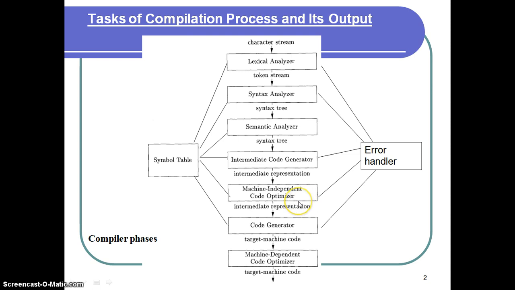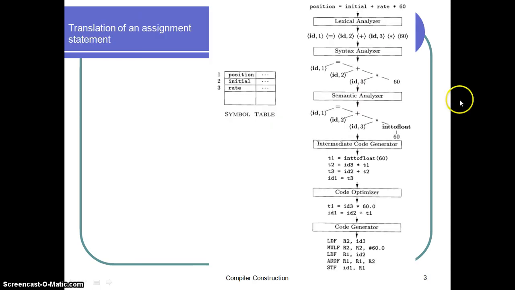The machine independent code optimizer will reduce the space or increase the speed by rearranging the representation of the intermediate code, and the code generator, which involves the assembly language, translates it into the target machine code. So we'll elaborate all this concept with the help of an example.